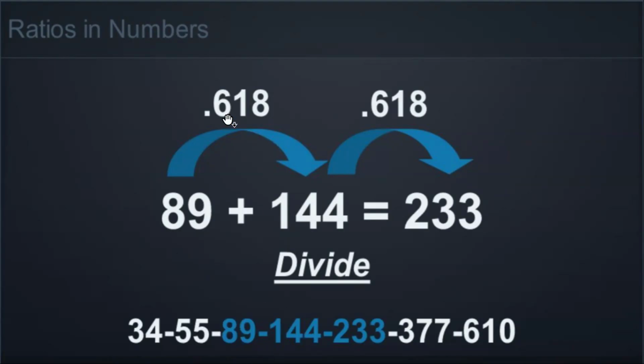Your answer will be 0.618. Take 144, use it to divide 233. You'll get 0.618. You can try it. Take 233, divide 377. Take 377, divide 610. Take 34, divide 55. Everything is 0.618. Wow.